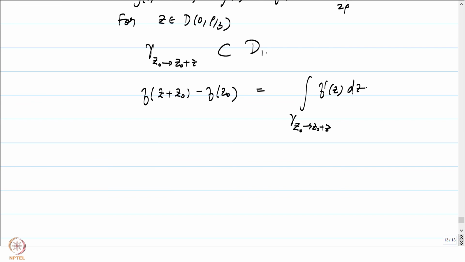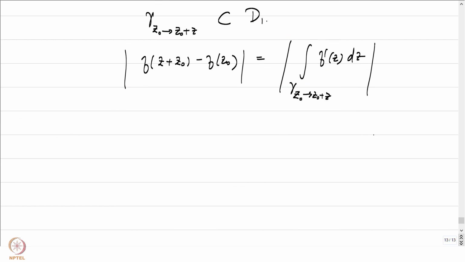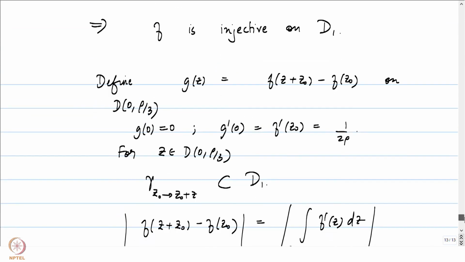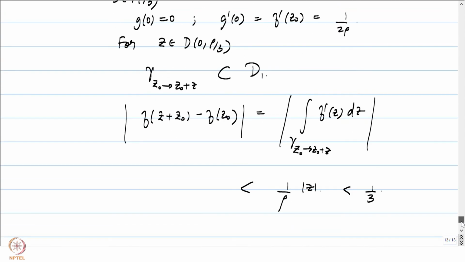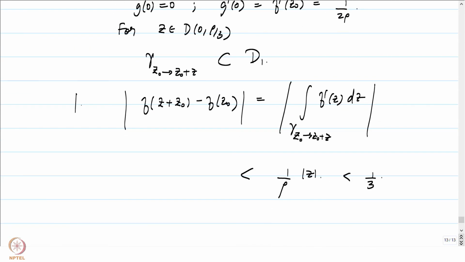dz. And if you look at the absolute value, this is bounded here. We checked that the absolute value of f prime of z is bounded by 1 by rho. So this is less than 1 by rho times the absolute value of z, which is now in the disk of radius rho by 3 around 0. So this is in particular less than rho by 3, which is hence less than 1 by 3. So what have we shown here? We just showed this is the absolute value of g of z.